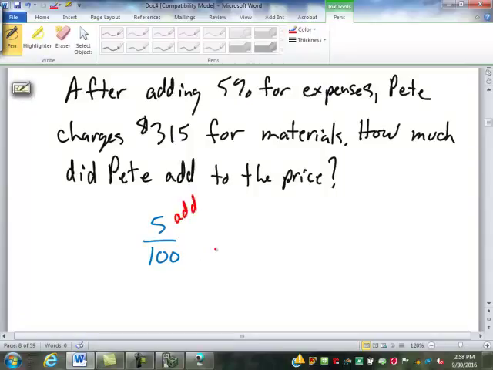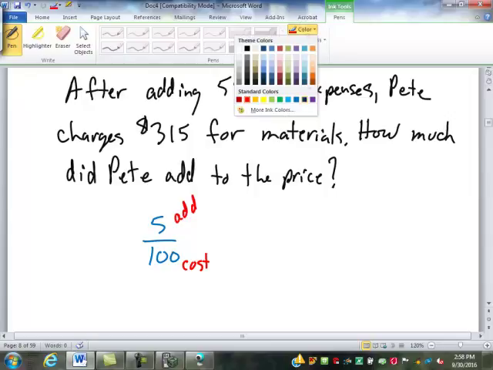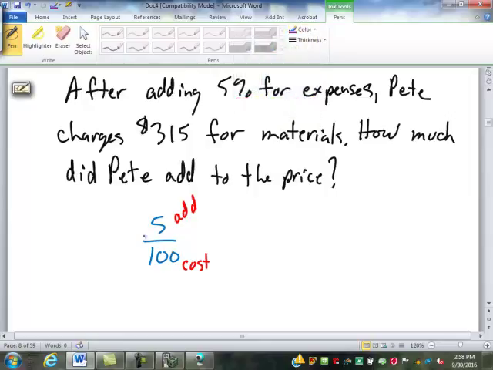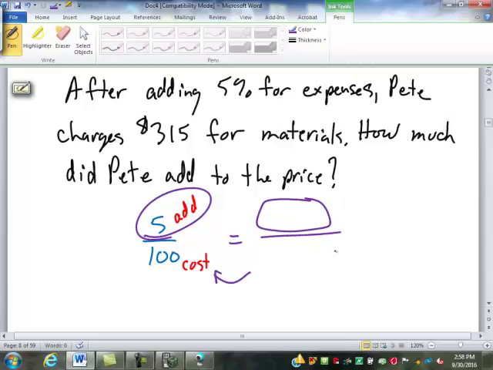The 100 represented the original cost, what he paid for it. Well, we're looking for the amount that Pete added to this, aren't we? So that's what we're looking for. But is the $315 what Pete paid for it? Is that the cost? No, that's what he charged after he added the amount to it. So this isn't going to work.